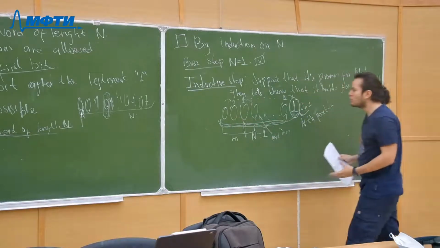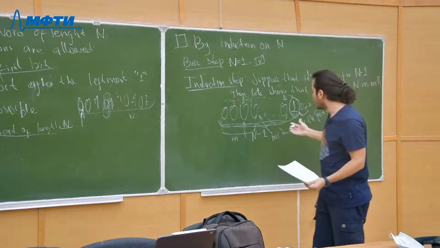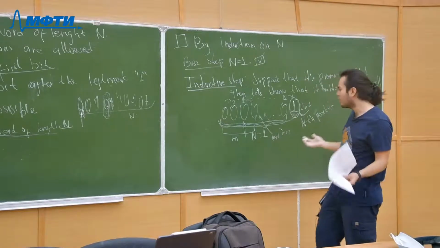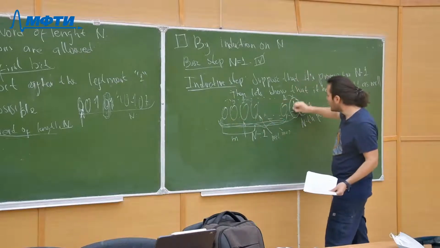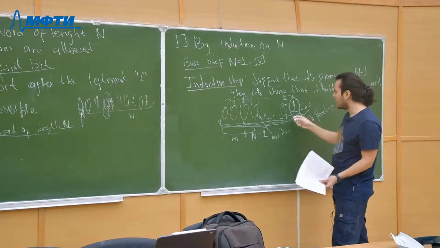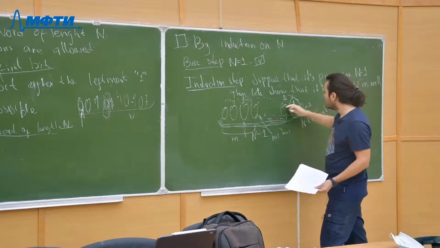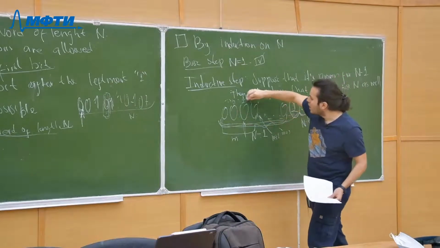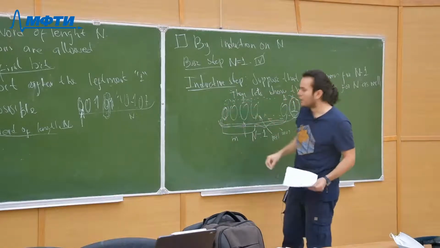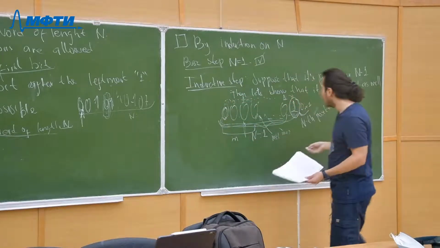And of course this is true, because if we change something here, we are not going to touch these bits here. We only work with these bits here until we obtain the last bit that we want. Okay? And that's it.